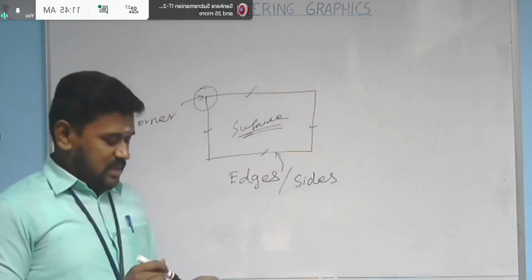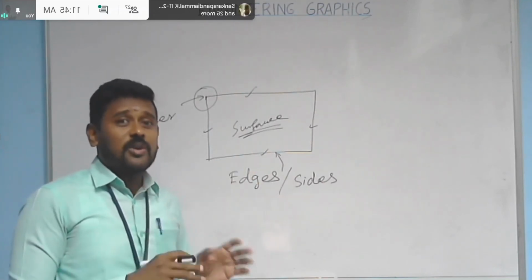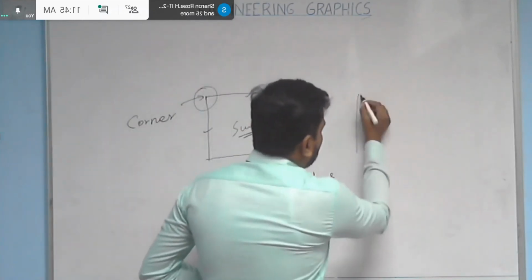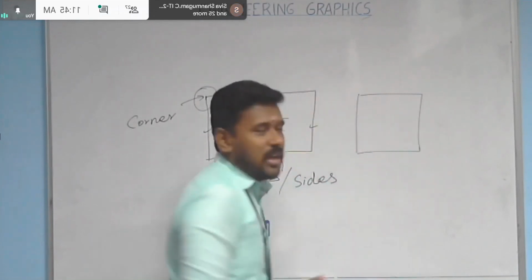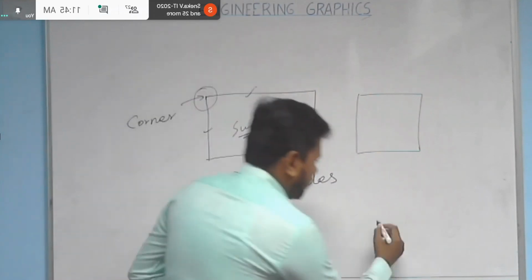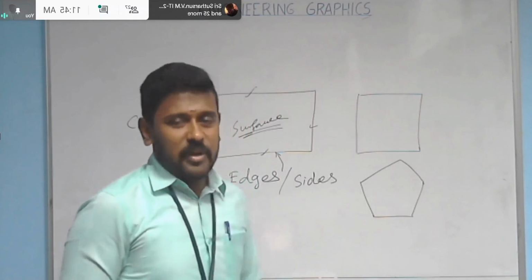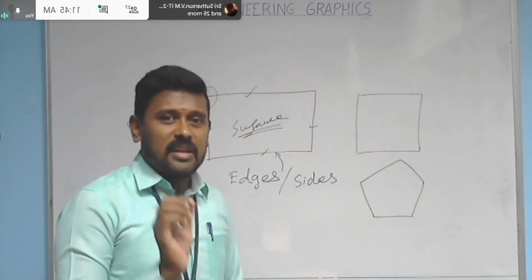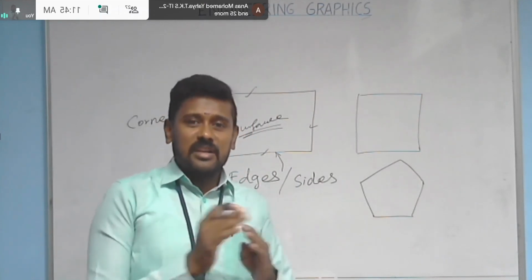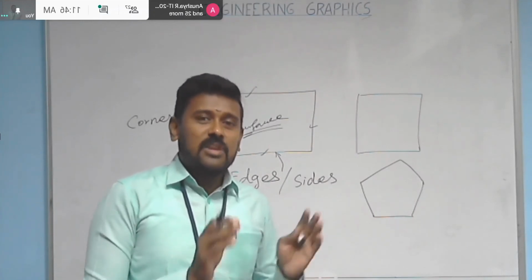Based on the length of the sides and the arrangement of the various sides, we categorize the type of a plane. See here, it is a square. The square also has edges and corners in its body. It is a pentagon. The pentagon also has corners and edges in its body. But how the sides or edges are arranged with each other, and the angular relation between the sides, define the type of the plane.